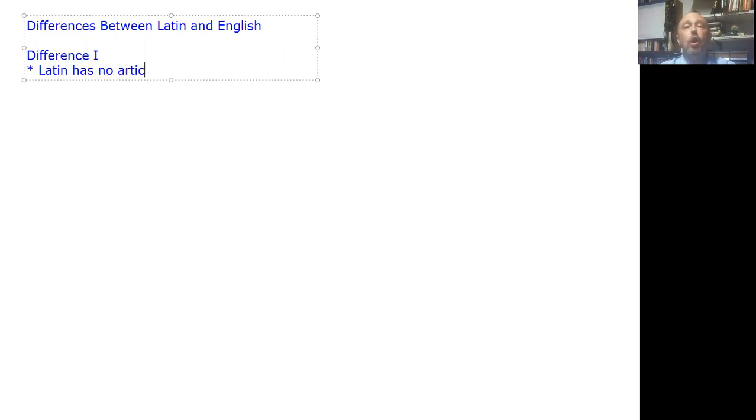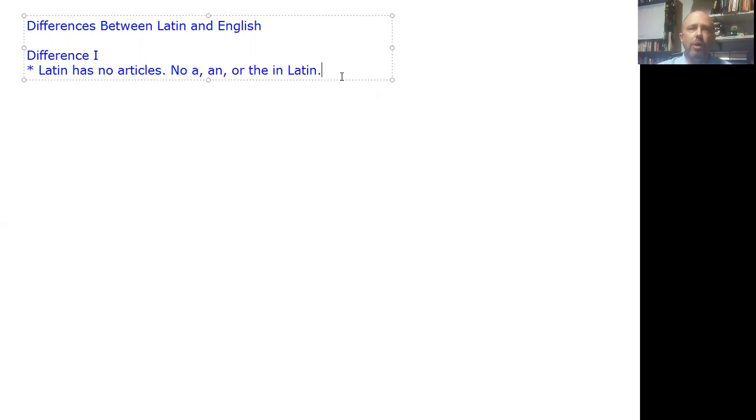Latin has no articles. No a, an, or the in Latin. This means that, probably fairly soon, when you start translating short Latin sentences into English, you're going to have to add articles to those sentences in most cases, so that your sentences sound right in English.